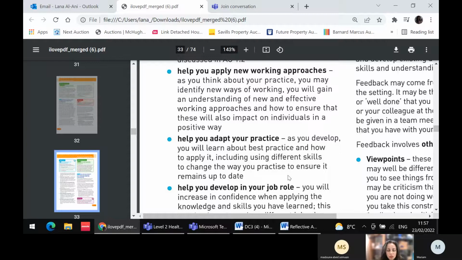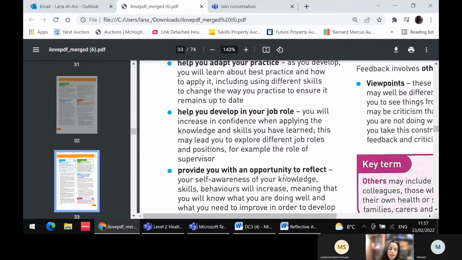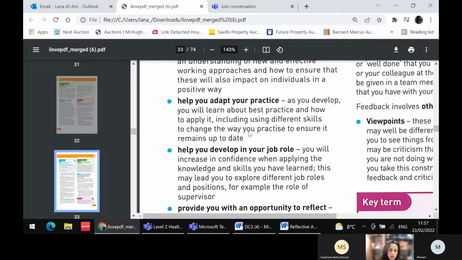Then you can do it with your colleagues, with your individuals, and that will improve ways of working. It will also help you to adapt your practice, as you will learn a lot about best practice and how to apply it, including using different skills to change the way you practice to ensure it remains up to date.